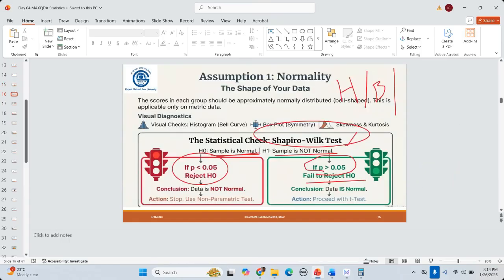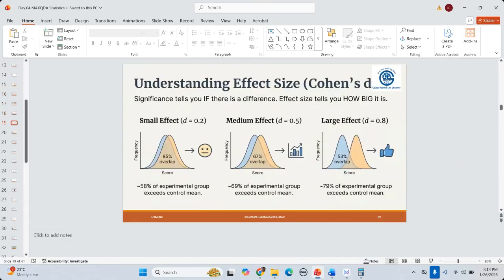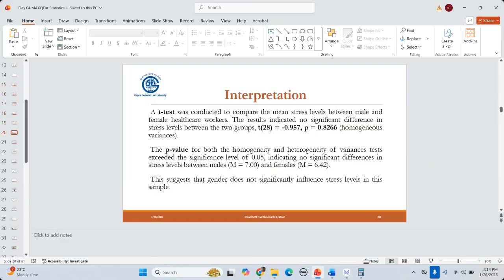I'm sure there might be some early research scholars who want to know how to interpret your findings and how to report them in your report. A t-test was conducted to compare the mean stress level between male and female healthcare workers. The results indicated no significant difference in stress level between the two groups.